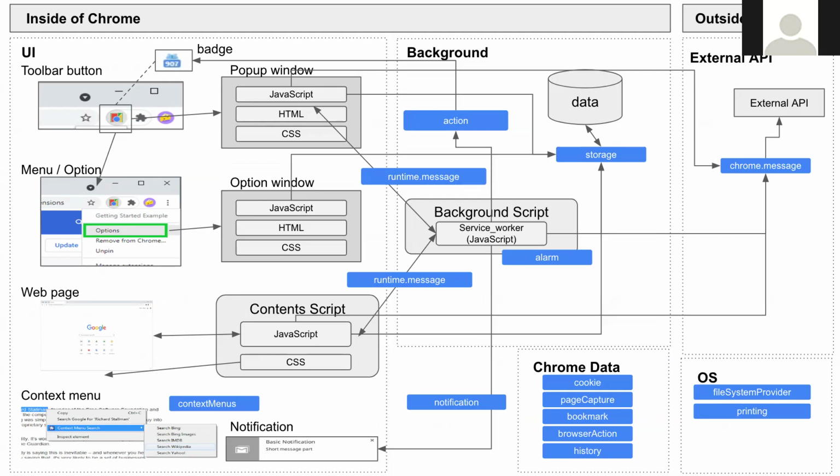This is what the architecture of the extension looks like inside when you load it, and there is an outside part and an inside part. The outside part is basically communicating with external APIs, and the inside part is the more core part of the extension, because you have already loaded the extension in the browser. It has the content script section, which basically runs in the context of web pages whenever the user is visiting or clicking and doing anything.